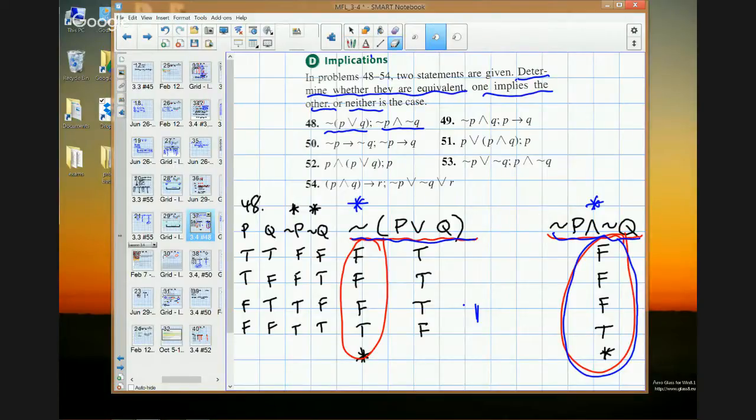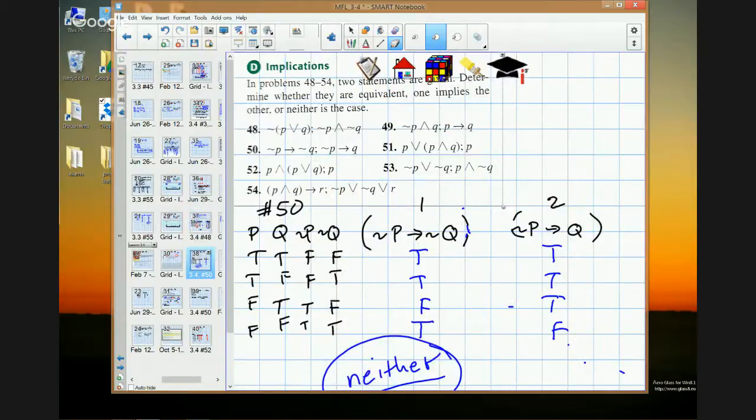Okay, now look at this. Here's another one from that assignment, number 50. Here's statement 1. Here's statement 2. Can you see that the answers did not turn out to be equivalent?